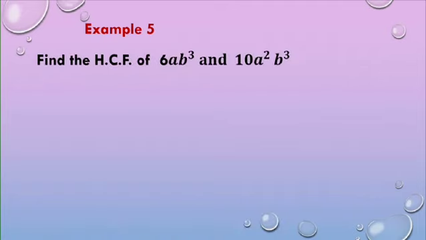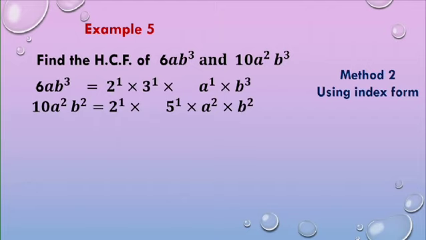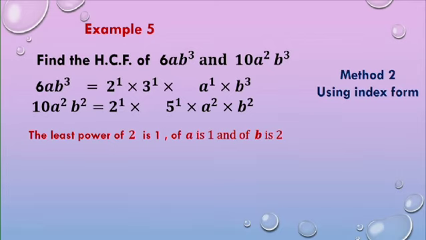Now let's find the HCF of 6ab cubed and 10a squared b squared using the method of index form. So first we write these two terms as a product of their factors written in index form. Now to find the HCF, we're going to take the common factors with the least power.